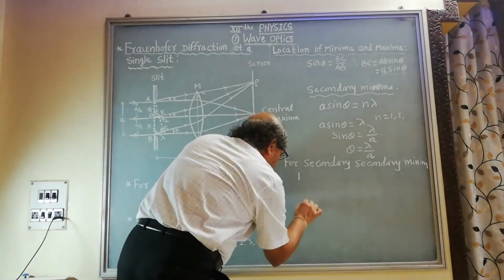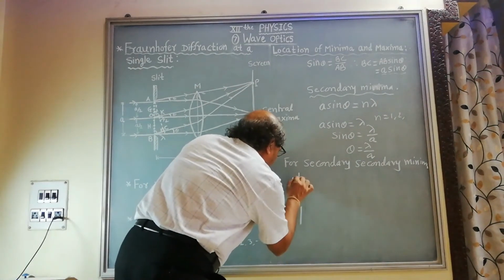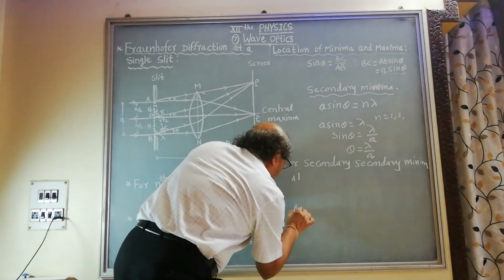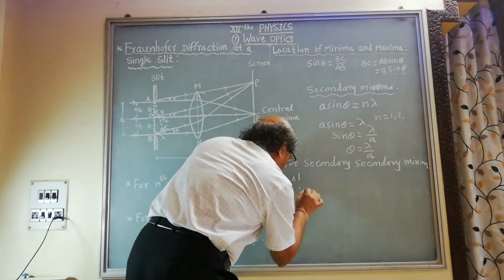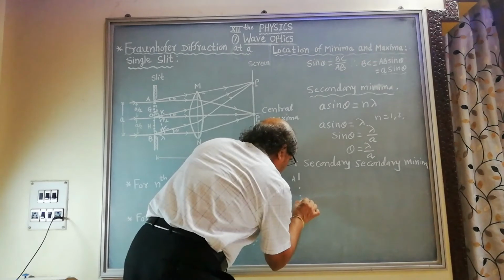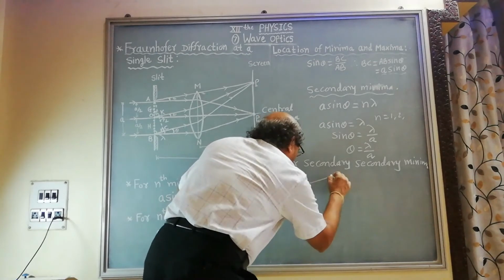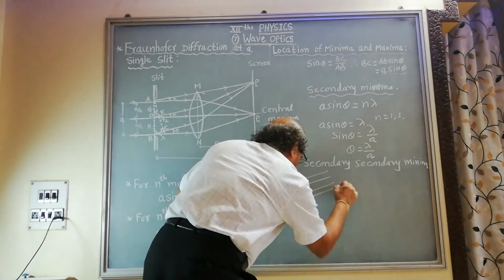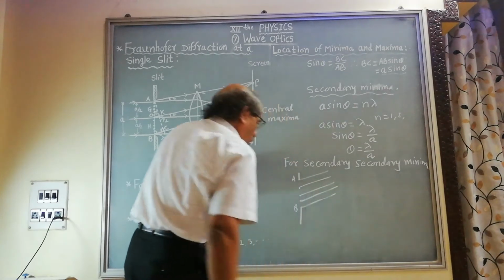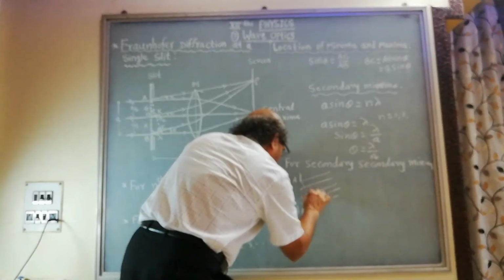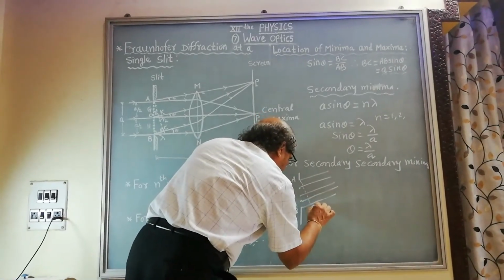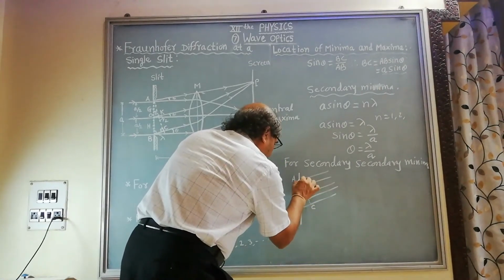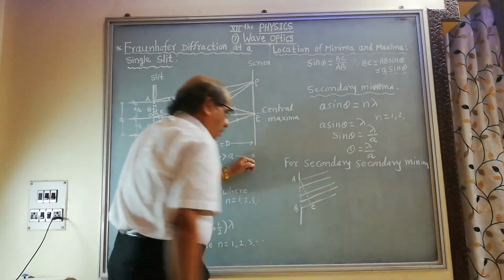So this slit AB is divided into 4 equal parts. So these are the 4 equal parts, and we have drawn a perpendicular here. So this is our C, and we have a number of points here.